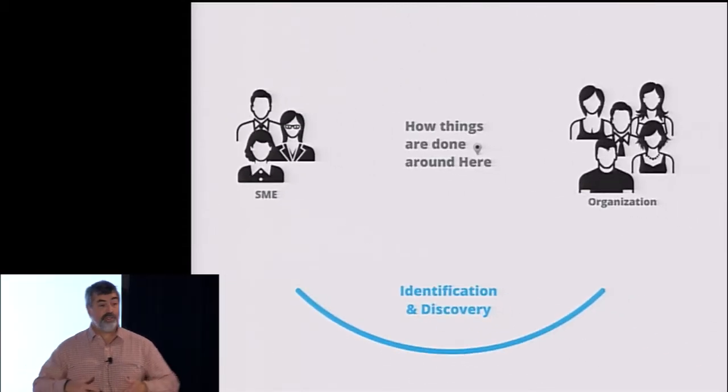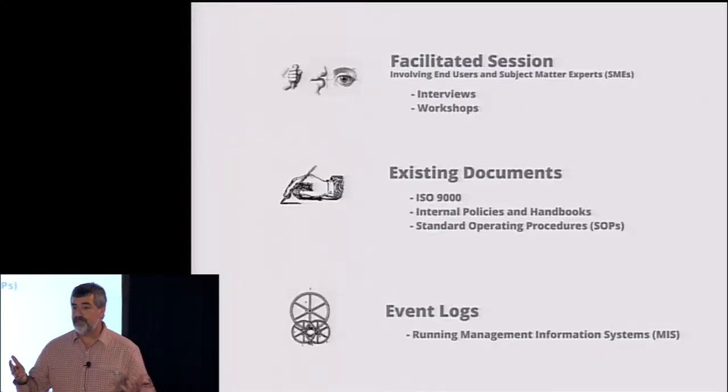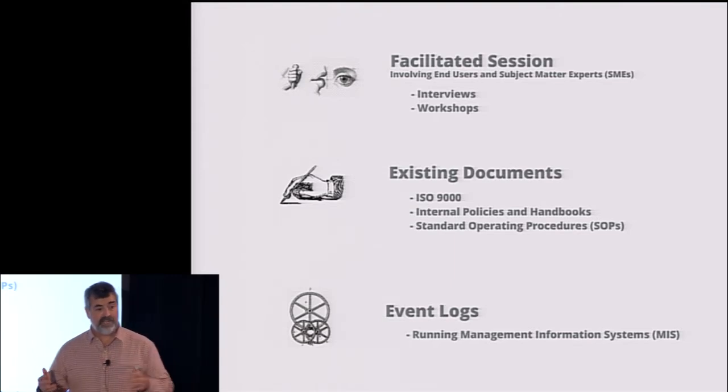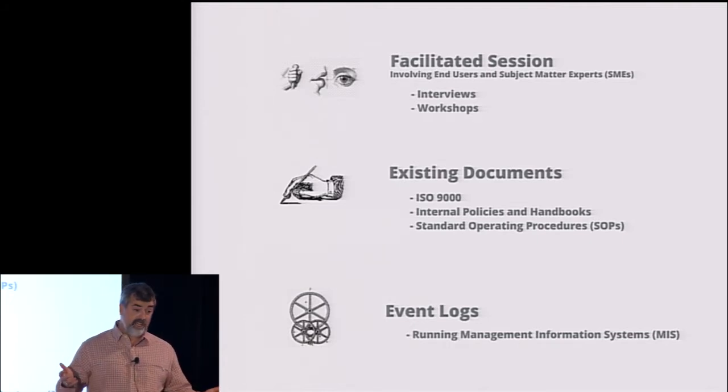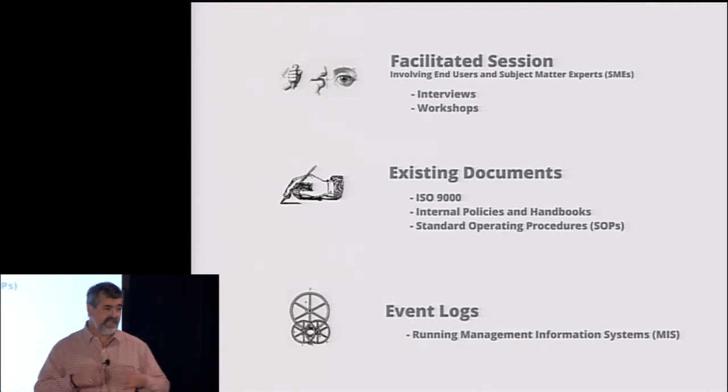Usually we get all these people together and we get involved in what we call identification and discovery. Identification and discovery is usually the first phase in a process improvement project or program. Traditionally, it is based on three different types of evidence. We have facilitated sessions, interviews and workshops, or existing documentation like ISO 9000 and standard operating procedures.